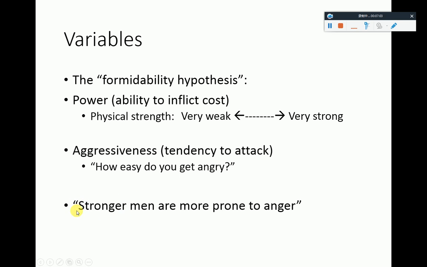This word itself implies change from strong to stronger. More prone to anger relative to less prone to anger, right? So immediately we're discussing this hypothesis in terms of variables, and that really makes everything more concrete. And it's always a good practice in science that the more concrete we can get to a question, the better chance we have to answer it correctly, right?